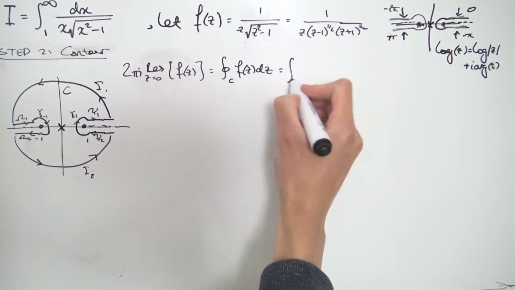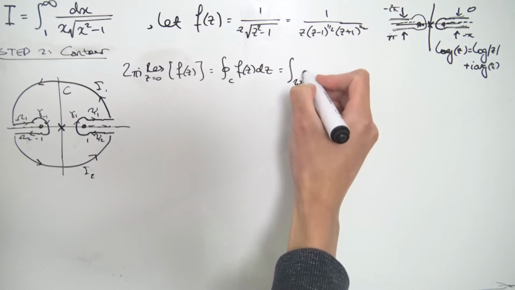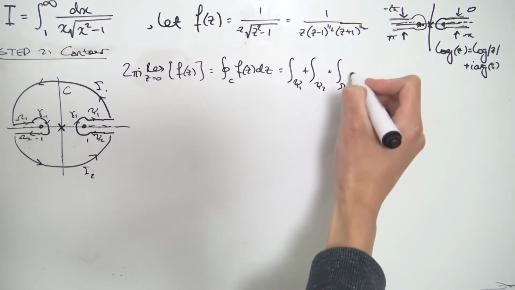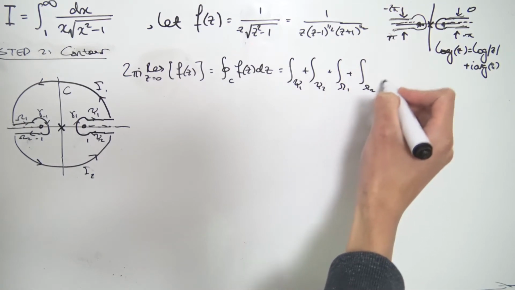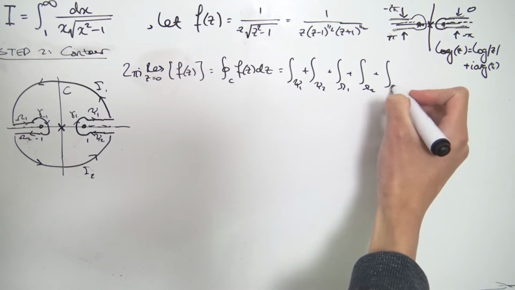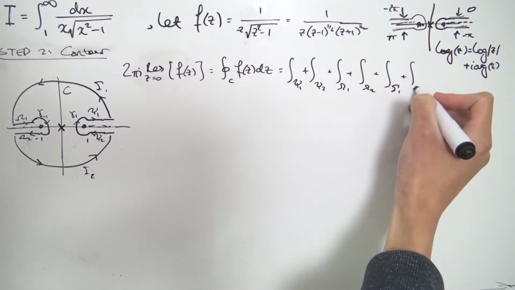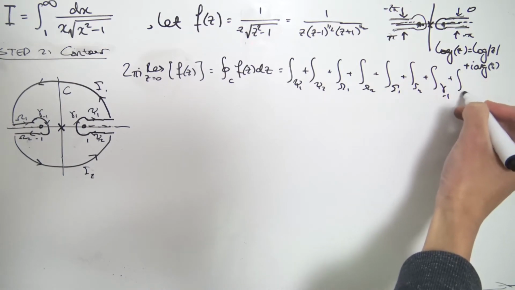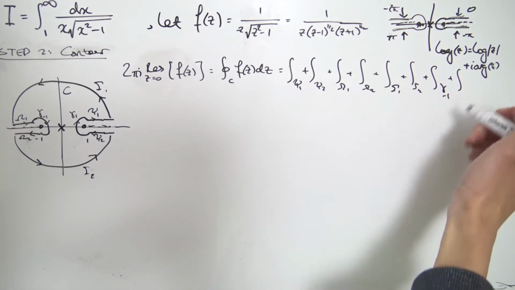So that's going to be the integral over psi 1 plus the integral over psi 2 plus the integral over omega 1 plus the integral over omega 2 plus the integral over our gammas. So we have big gamma 1, big gamma 2, and then little gamma -1, and then little gamma 1.